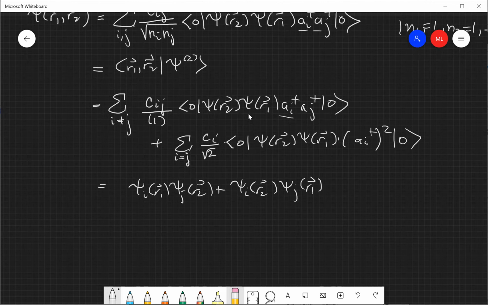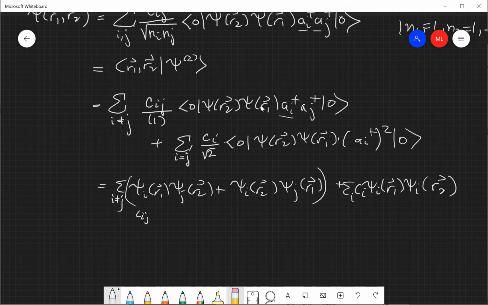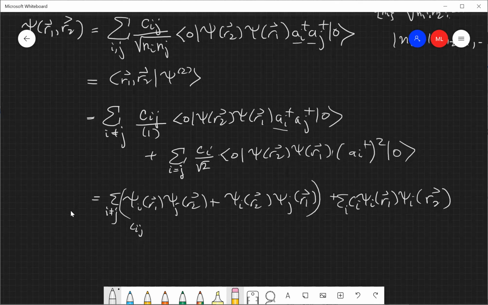And this guy will also have the possibility of having just a product of wave functions where both of the particles are in state I. Like that. Sum over I, and this is over all I not equal to J. So this will include all the symmetric combinations of psi R1, psi R2.